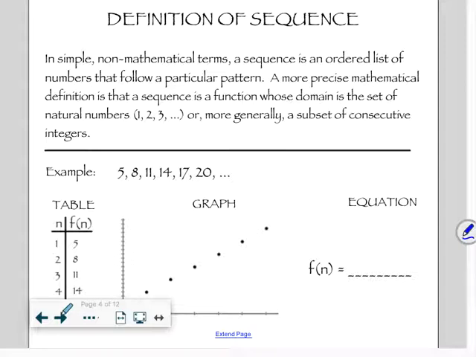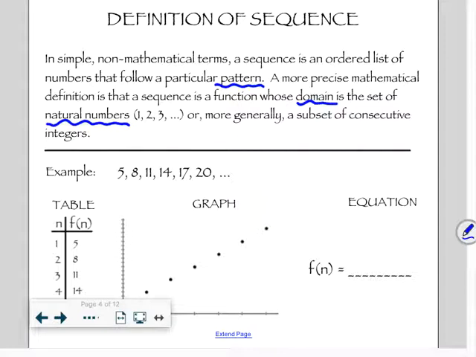All right, what are some words that pop out at you? Just shout them out. What words jump out? Pattern. Okay, that's really good. A sequence is going to have a pattern. What else? Natural numbers. Ooh, natural numbers. This is going to be important.